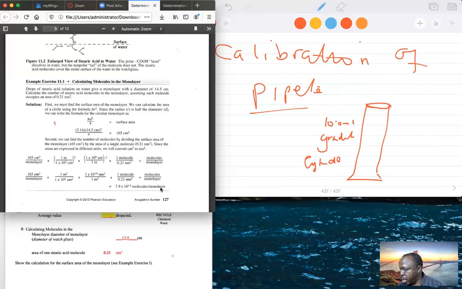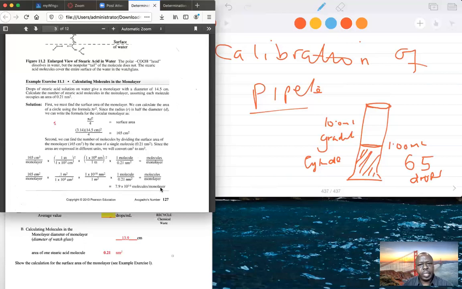If it takes this many drops to get to 1.00 ml, how many drops of H2O is that? This is what we call calibration, and in the handout, it takes 65 drops.